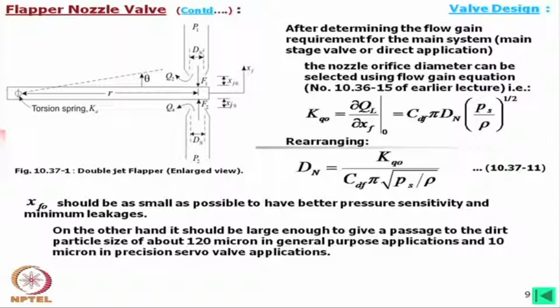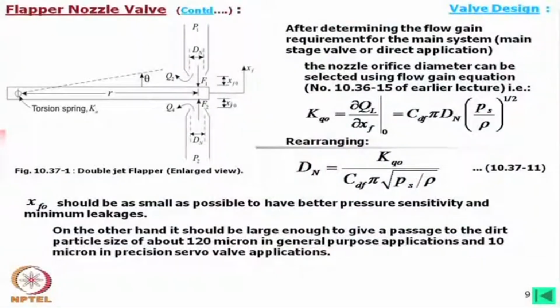You see, normally in an ordinary general purpose valve, we can allow particles of 120 micron. In that case, usually you will find after the pump we can allow this flow directly to the valve, and before the pump we have only a strainer which is in the range of at most 150 micron or something like that.